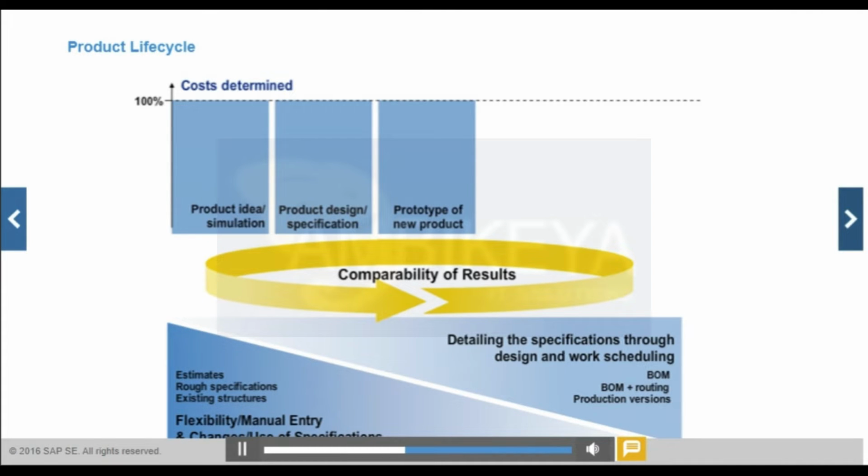Prototype of new product. After transition to the prototype stage, the first constructive data can be entered in the form of a bill of material or BOM. During this phase, the need for integration and direct access to data in logistics increases. The person responsible for product cost planning creates the data missing from logistics. Market maturity of product.